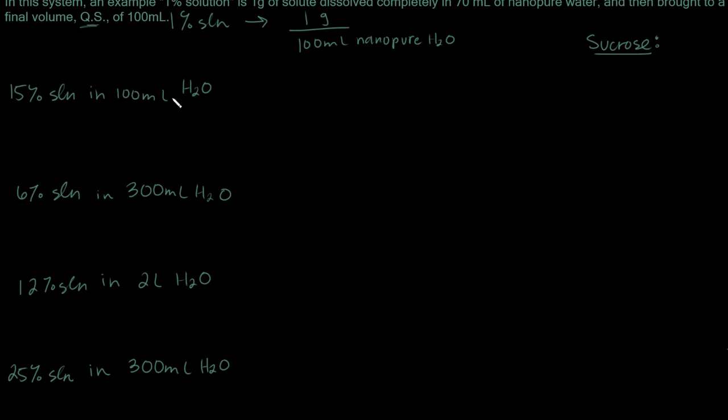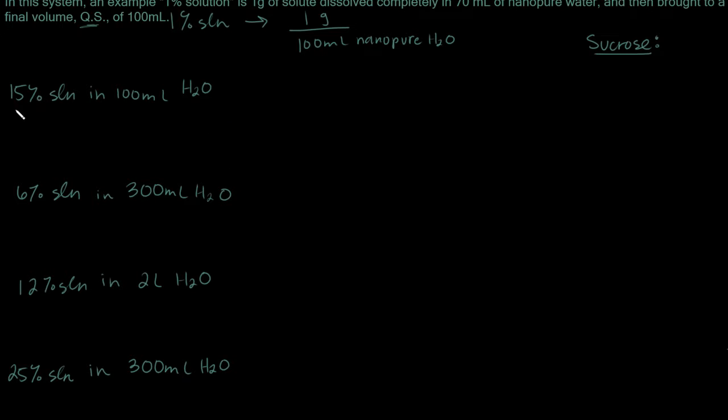Let's start with the first one, 15% solution in 100 mils of H2O. Now it looks like we've only been given 2 points of data, but we've been given 3. A lot of these problems end up looking like ratio problems, where you have one fraction set equal to another. So let's just start with that.